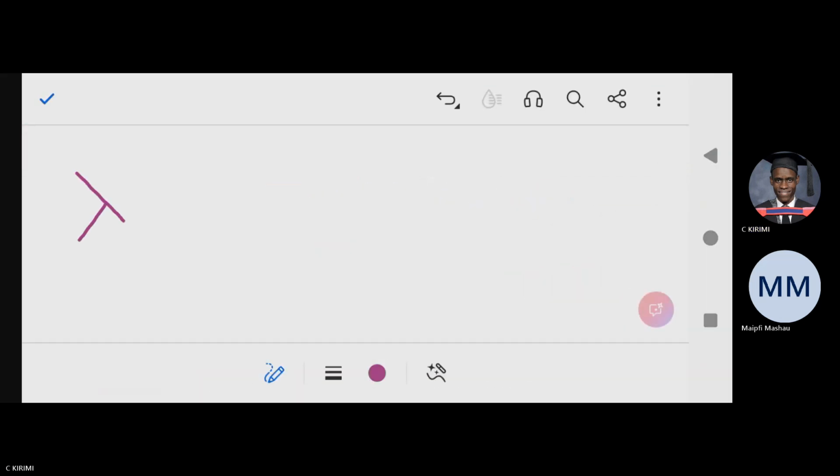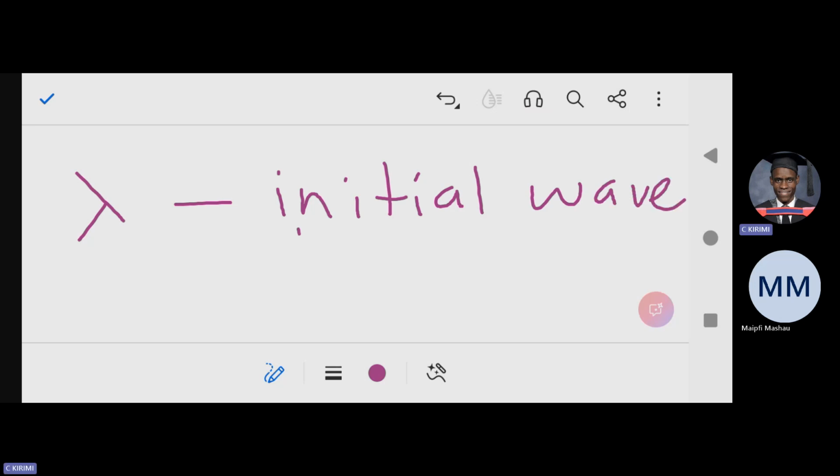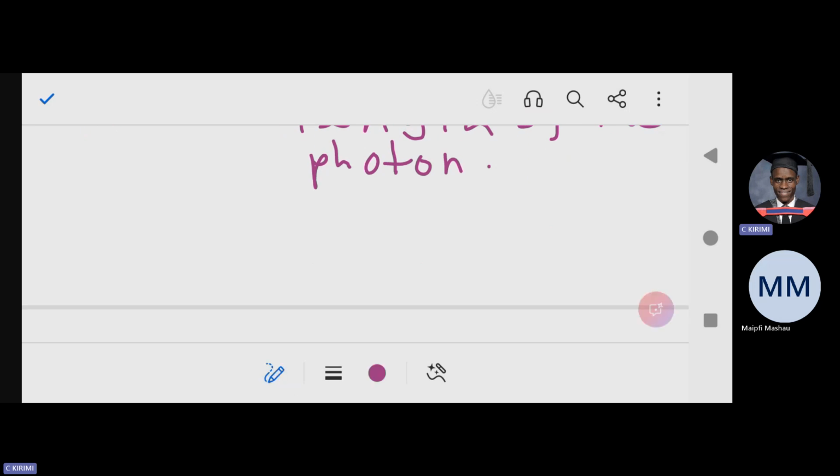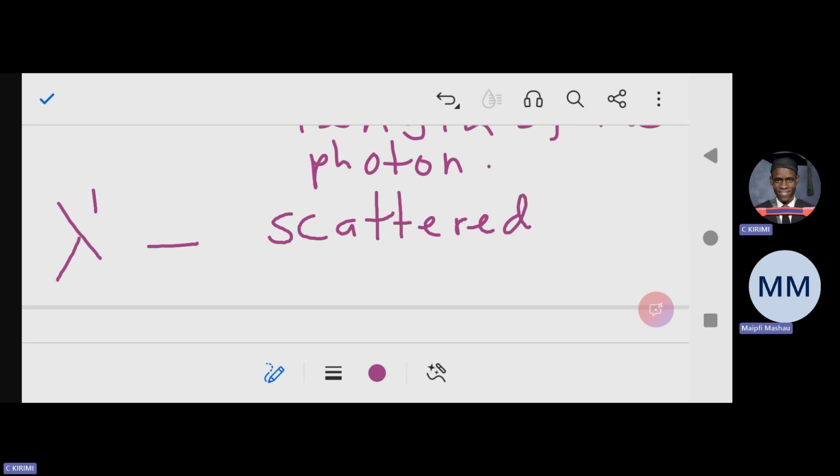Then lambda prime is what we refer to as the scattered, or final, wavelength of the photon.